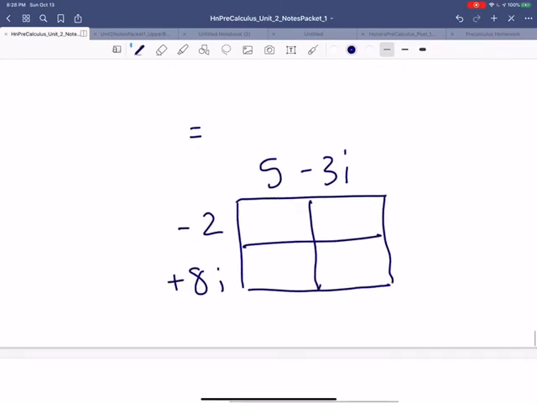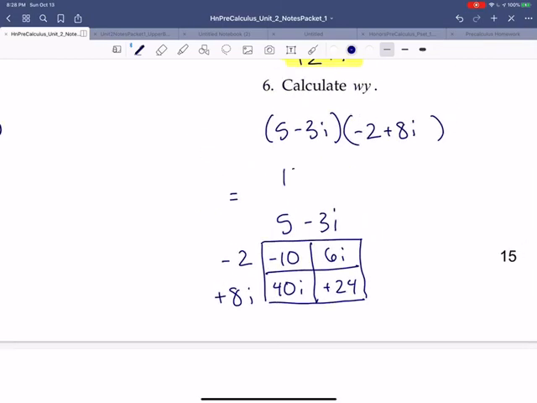I get negative 10, 6i, 40i, and then negative 24i squared, which is positive 24. Adding the real parts gives me 14, and adding the imaginary parts gives me 46i.